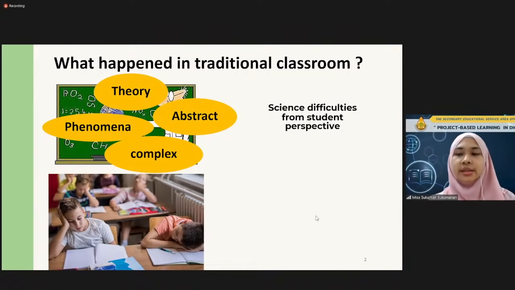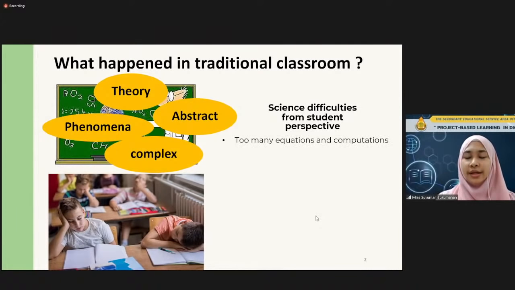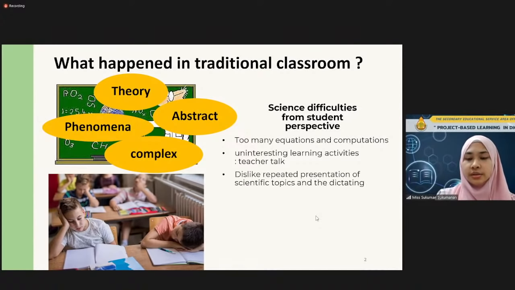And the research found that most students who learn science in the traditional classroom find difficulty, and this shows the student perspective. They think that in a science classroom, there are too many equations and computations they have to remember and memorize. They don't like the teacher to come in front of the classroom and just talk.